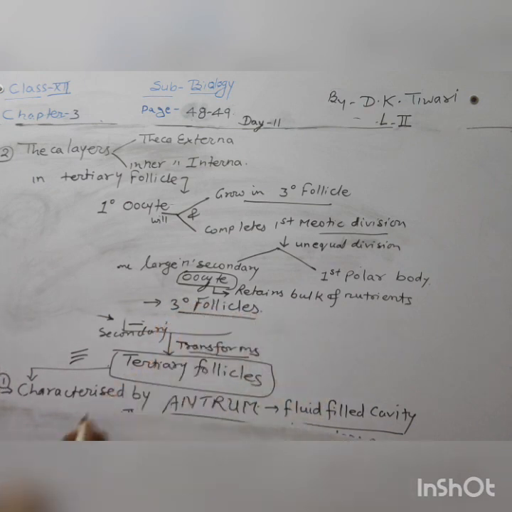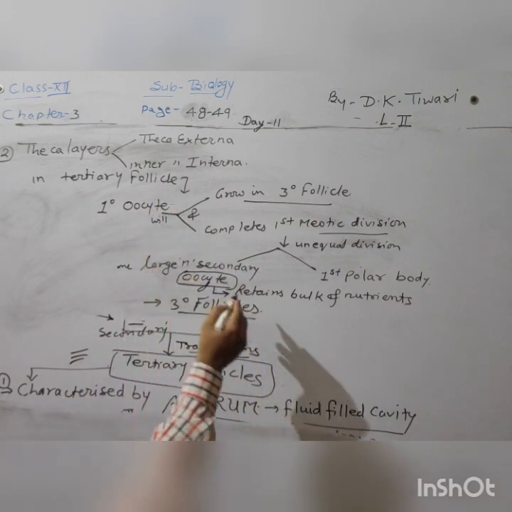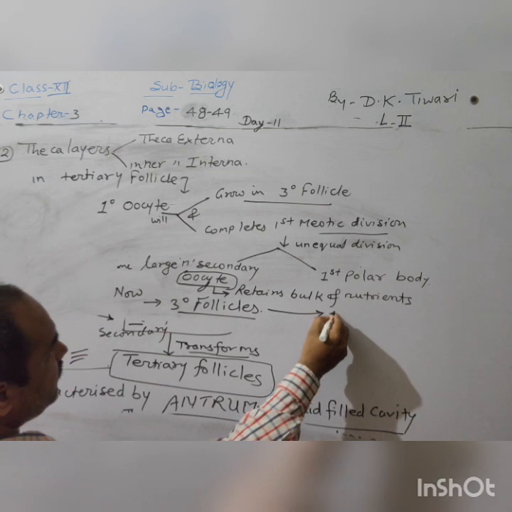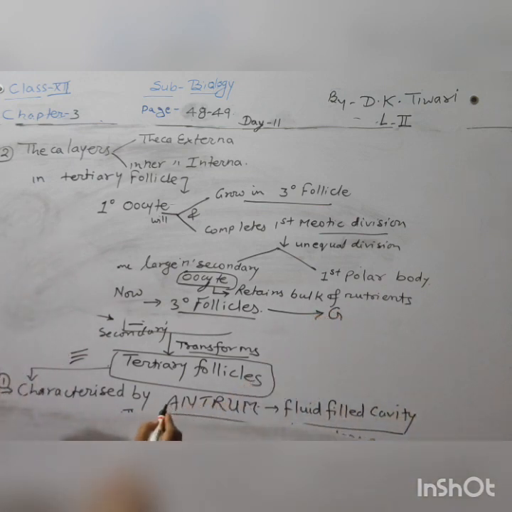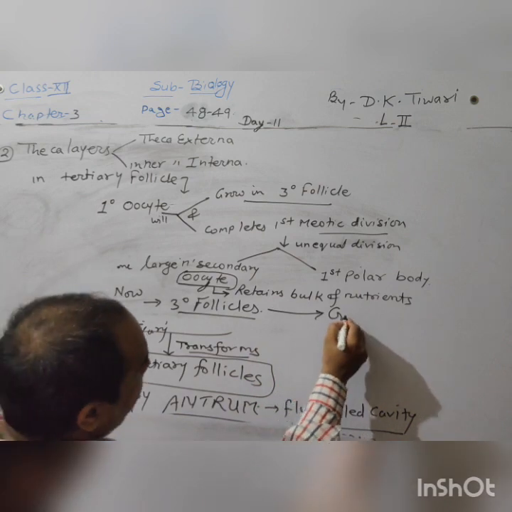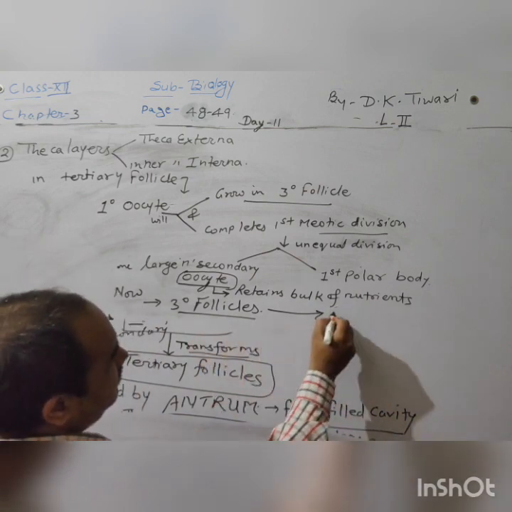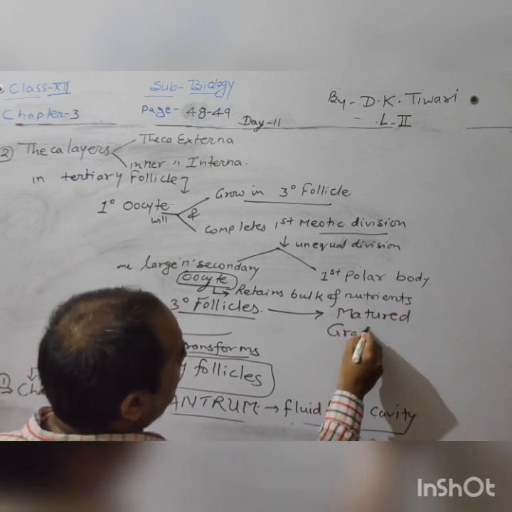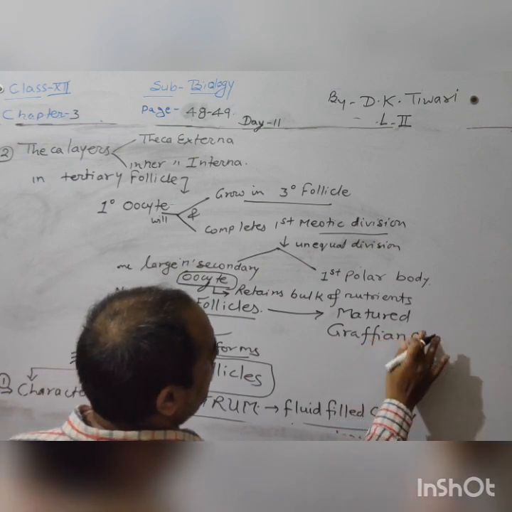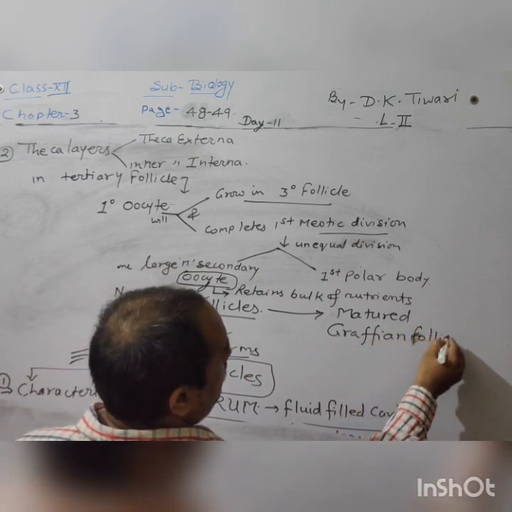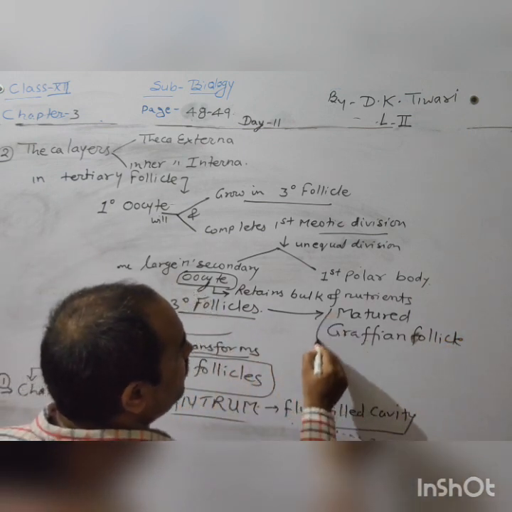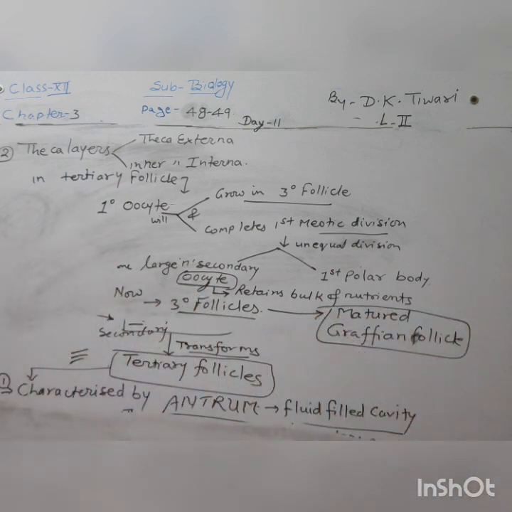Tertiary follicles mature into the Graafian follicle, that is the matured Graafian follicle. The tertiary follicle develops and becomes the matured Graafian follicle. So we will study in detail about this matured Graafian follicle from the next lecture.